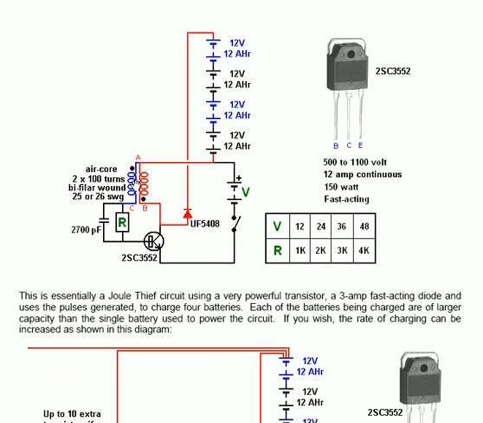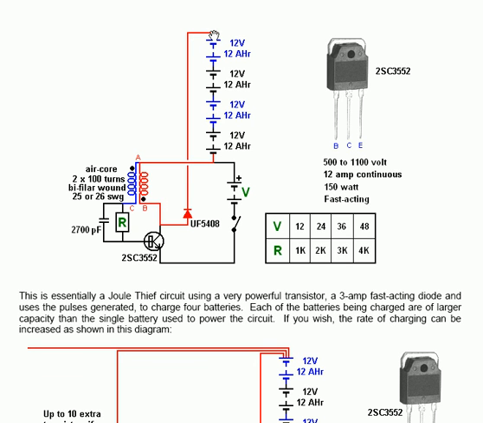He has a 2700 picofarad small ceramic capacitor connected across the resistor. Ostensibly, we'll say for the moment that is to adjust the frequency of the transistor. It's slightly more subtle than that, but we're not going to go into that just here.